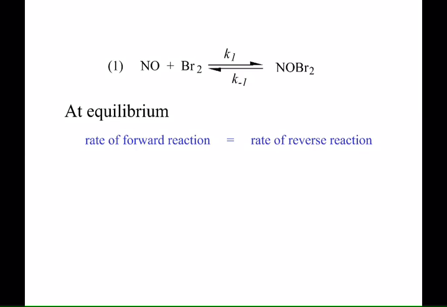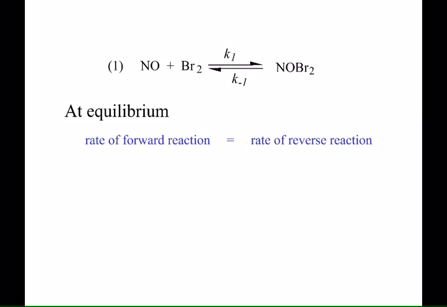I could use molecularity to come out with rate 1 is equal to k1 times the molar concentration of NO raised to the first power, using molecularity since it's an elementary step, times the molar concentration of Br2, also raised to the first power. Now I'm going to show its equilibrium part. I'm going to go back the other way. I'm going to call this -1.